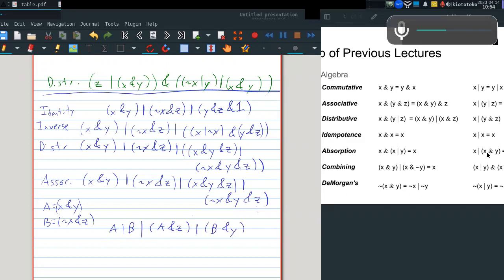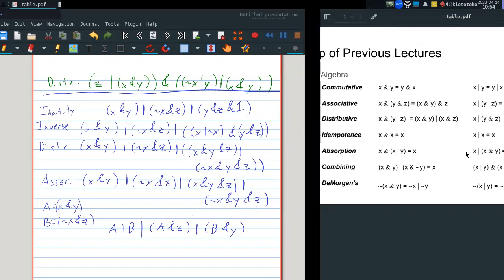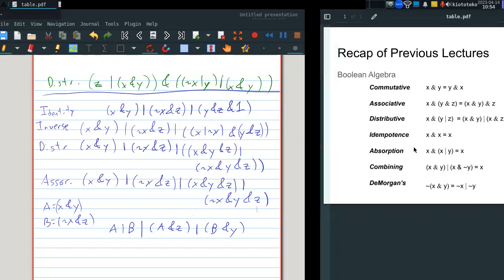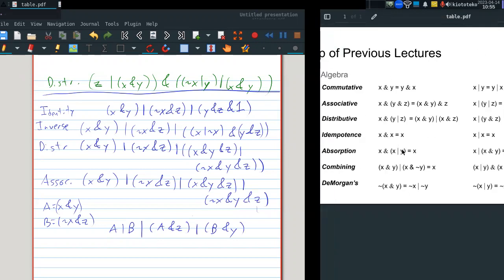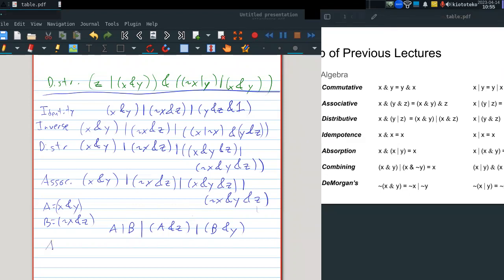So if you have absorption here, what does it tell us? Well, if you follow from here, you can see that this should also be x, no? So we have a and z, as in here, where z is the y, and we have a. Again, you can use commutative also to just change their places. And you'll see that you just stay with the a, no?